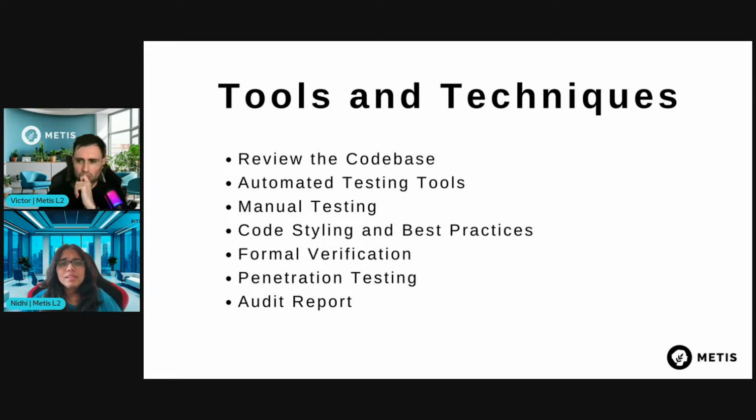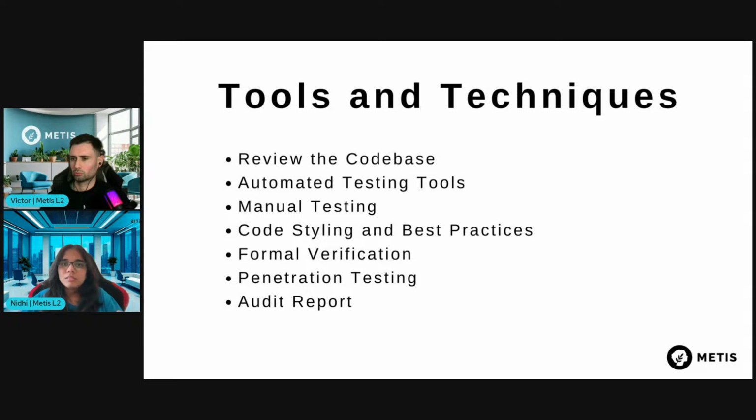And the edge cases that automated tools might miss, right? And then we have the code styling and the best practices. I mean, this is one of the most important things, and it matters a lot. It ensures that the code flow follows all the best practices and proper styling for readability and maintainability.